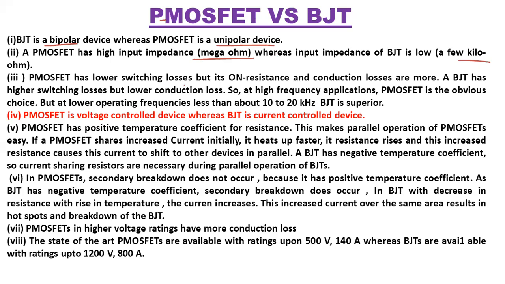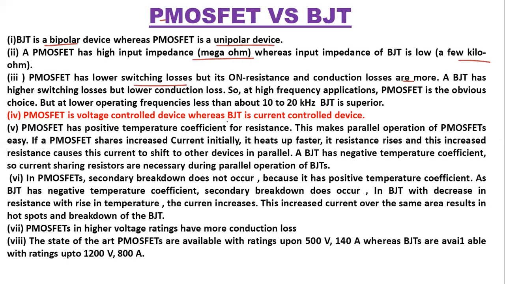The power MOSFET has lower switching losses, very less, but its on resistance and conduction losses are more. And very important, the power MOSFET is voltage controlled and the BJT is current controlled.